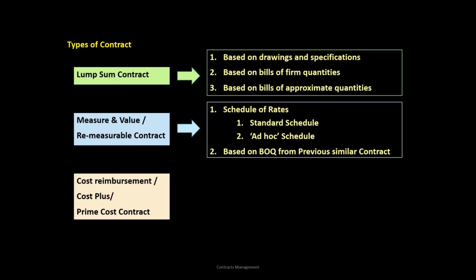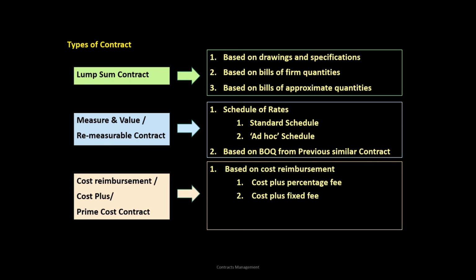We are also going to study the cost reimbursement contract, sometimes called cost plus or prime cost contract. There we have a total of four variants. That's how we are going to go through today's webinar.